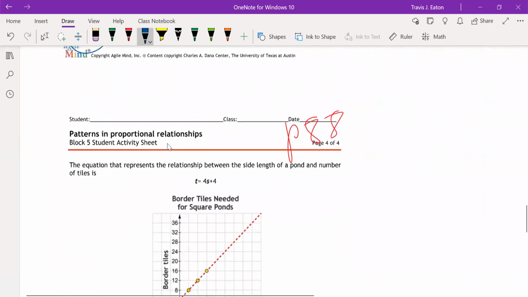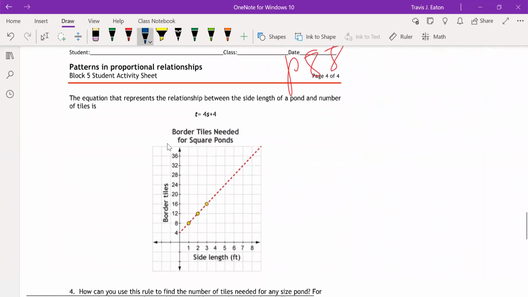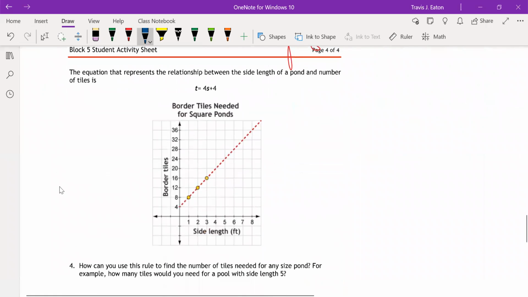Okay. Now, moving on to page 88, the equation that represents the relationship between the side length of a pond and the number of tiles is this. Now, see, they have replaced y and x with t and s, and that's okay.